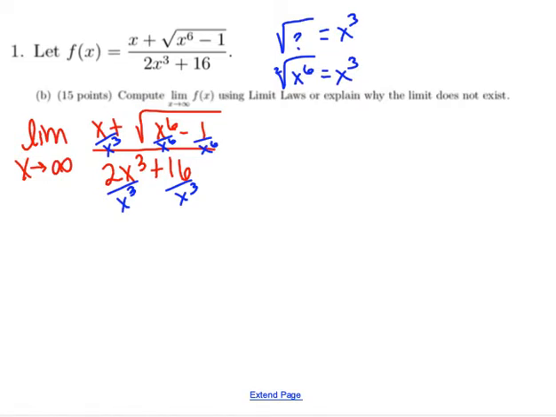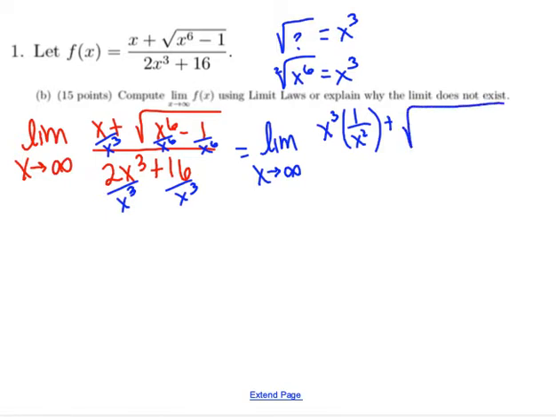Now I'm going to show my work. I'm going to do a little simplifying here. So I have my limit as x approaches infinity of x cubed, then 1 over x squared. I'm going to write out one extra step that you don't need to, and I'll explain in a second.